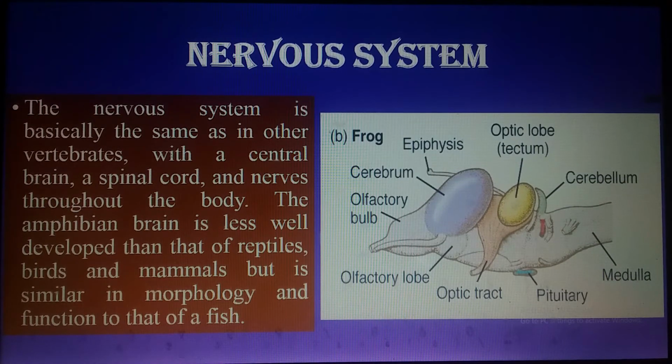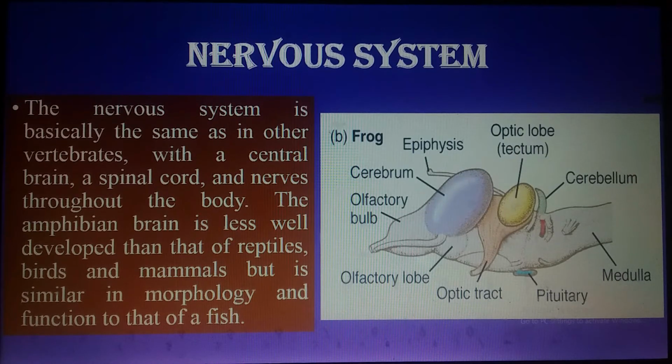Now I'm moving towards the nervous system. In amphibians, basically the nervous system is developed. As you see in the Pisces, the nervous system is more advanced than in the invertebrates. Here you can see the central nervous system as well as the peripheral nervous system, both present.